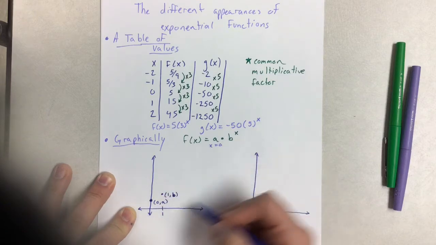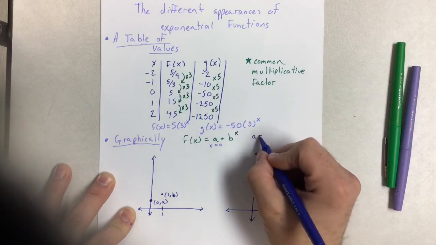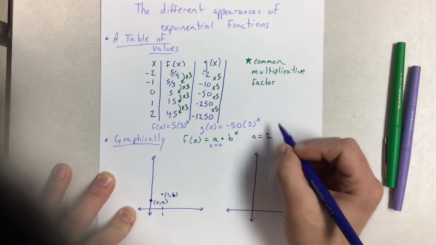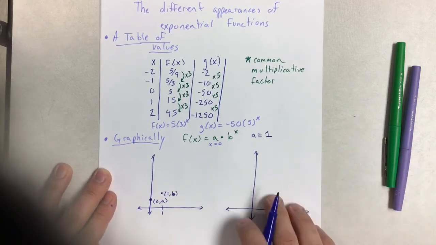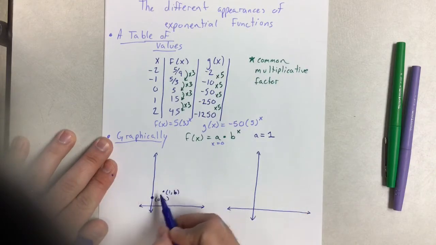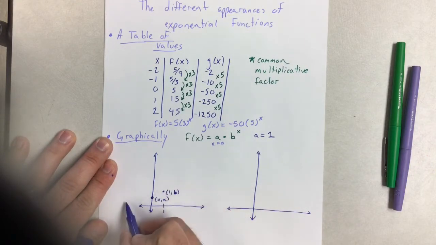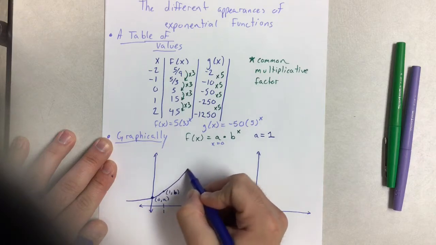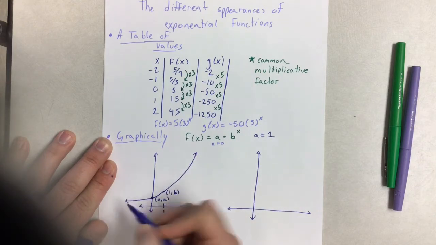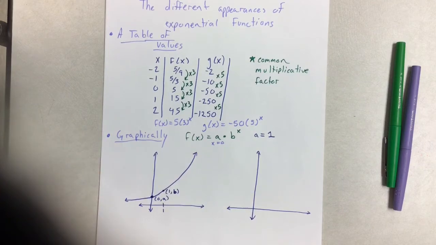For this graph, for simplicity's sake, we're examining it when a is 1. When a is something other than 1, it does change slightly, but not much. So with the 2 points, we are able to draw our graph. And this is not new. We have been seeing exponential functions for quite a while now. I just wanted to review this again.